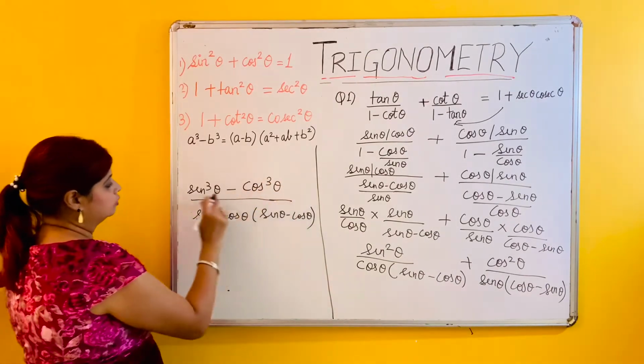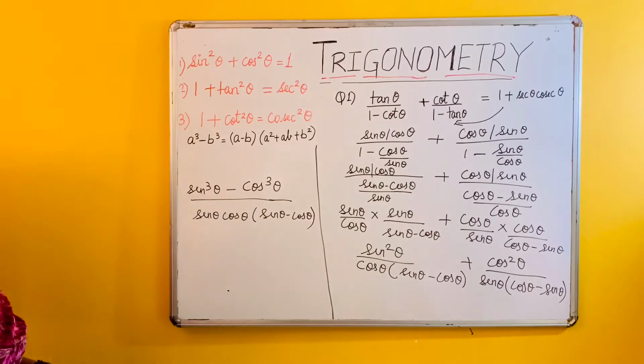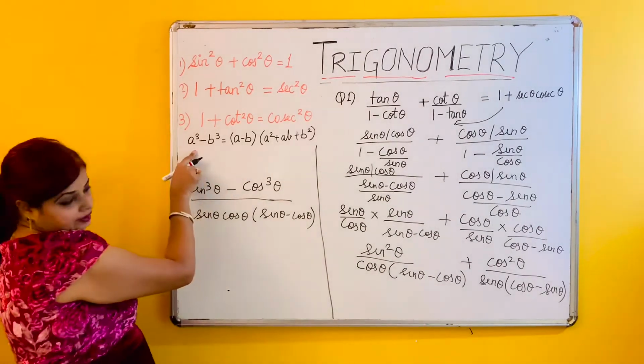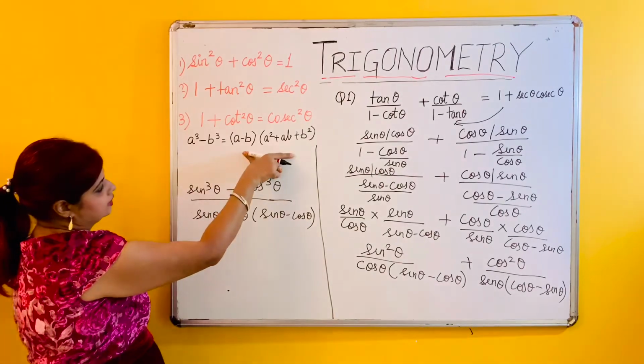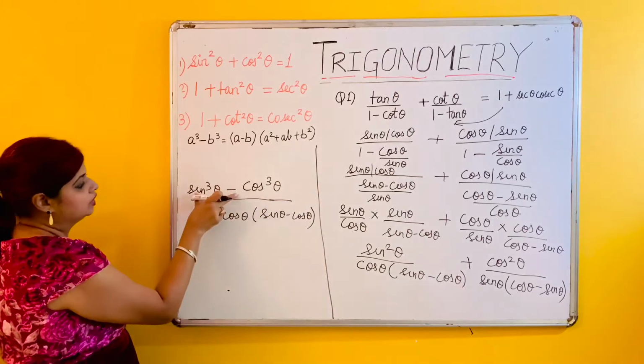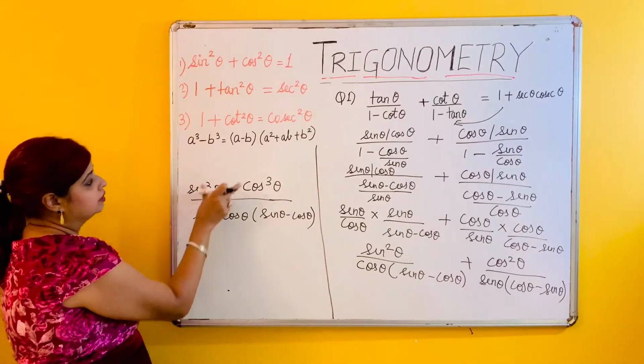Okay, now this is in the form of a cube minus b cube. If you simplify, one form is a, I have written here, so a cube minus b cube is nothing but a minus b, and a square plus b square plus ab. So we'll break this thing into this form.